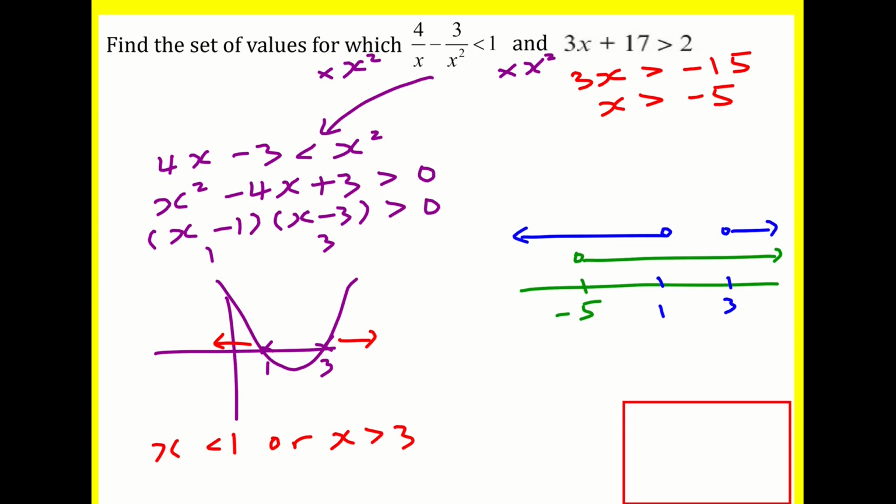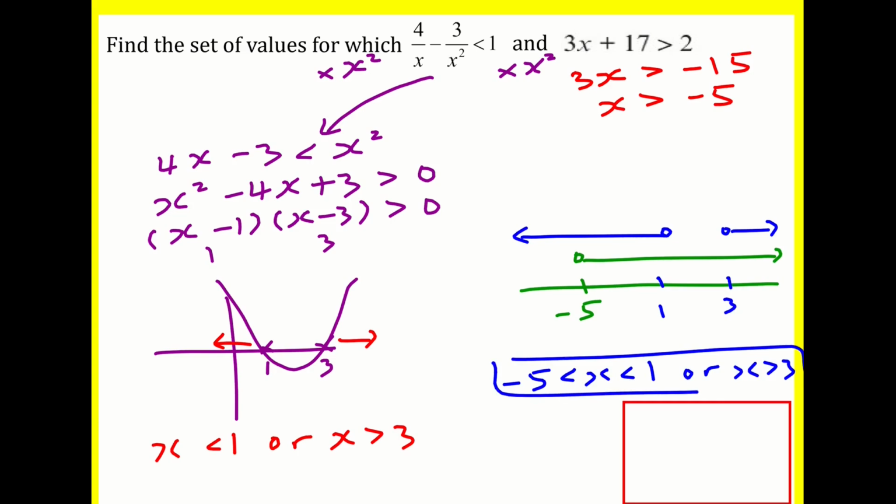So I can see where the overlap is. I'm going to get minus 5 less than x less than 1, or x greater than 3. Brilliant.